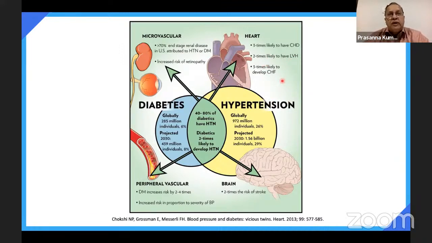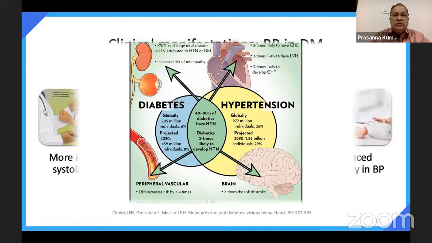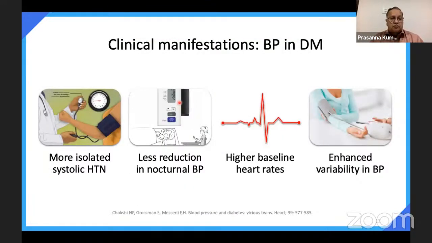Also, when you have both hypertension and diabetes, there is 70% more end-stage renal disease in the USA due to diabetes or hypertension, and increased risk of retinopathy. Most often you see patients with diabetes who develop retinopathy especially when they have both diabetes and hypertension. That is why, with this double trouble, we have to manage both very well.